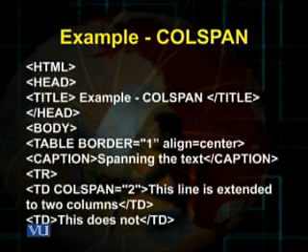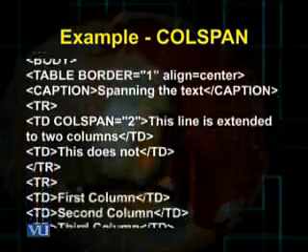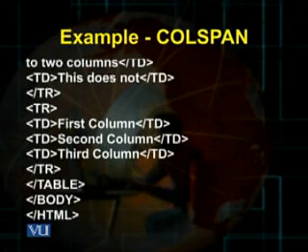Afterwards the TR tag, and then the TD tag, the first TD tag, you can see that in this TD colspan is equal to 2, which means that this cell would be stretched up to 2 columns. And I have written the line, this line is extended to 2 columns. Then the second TD which does not span, then the first TR closed.